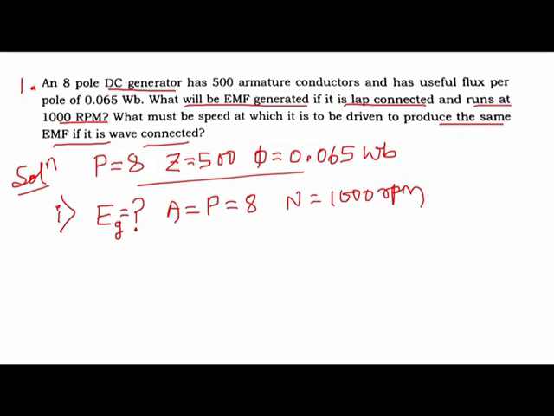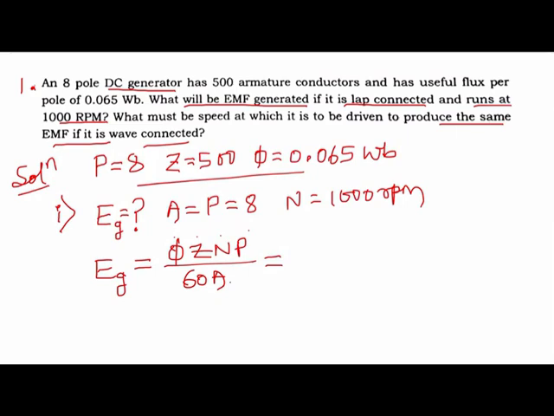So here we know the equation: Eg, the generated EMF for the DC generator, is phi ZNP by 60A. This is the formula. In this equation, phi is given, Z is given, speed is given, number of poles are given. So A is also given.